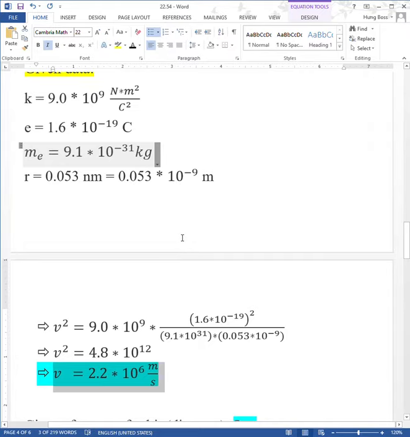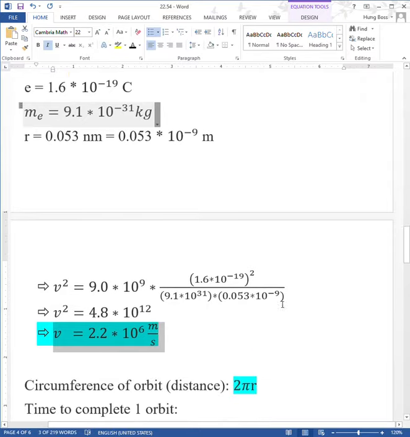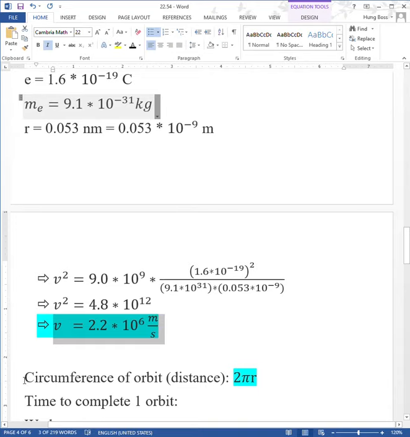Now we need to calculate how much time does it take to complete one orbit, or distance over velocity. In this case, it is circumference over velocity. This is the circumference of the orbit.